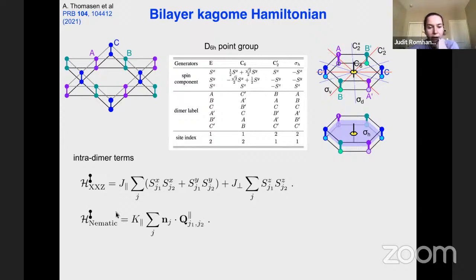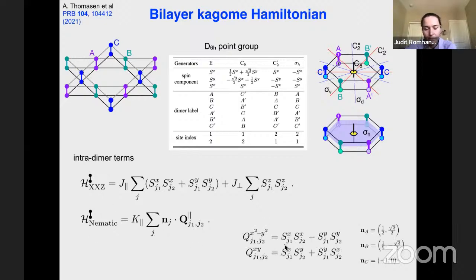And we can also have a so-called nematic type of interaction. Nematic may not be the best name, but we chose nematic for describing these interactions. This is actually a symmetric exchange anisotropy. And these Q operators are just quadrupole operators that are defined on these dimers.